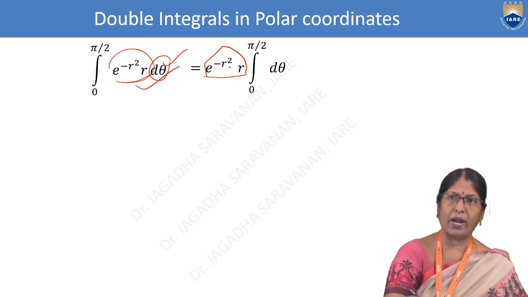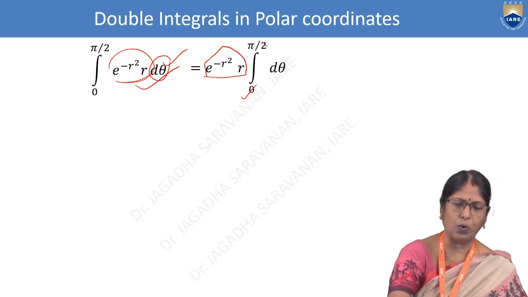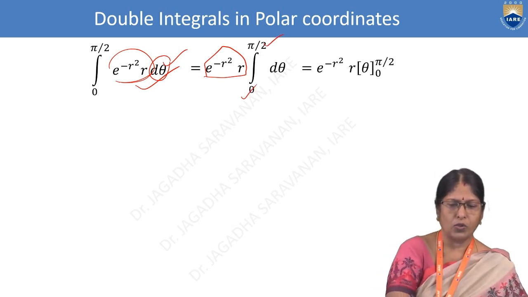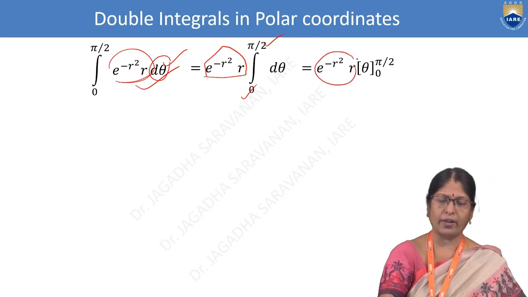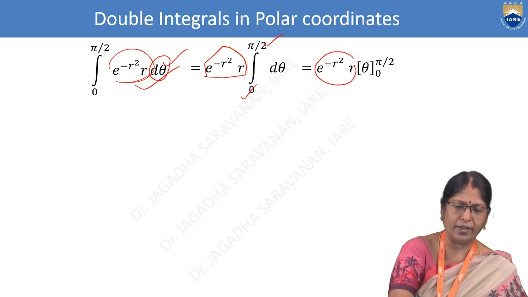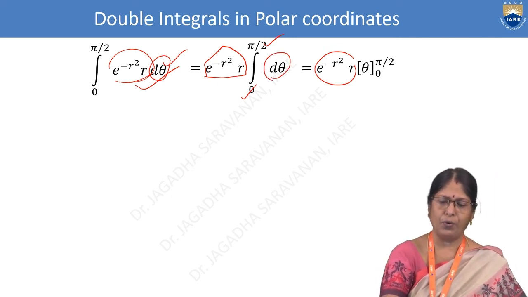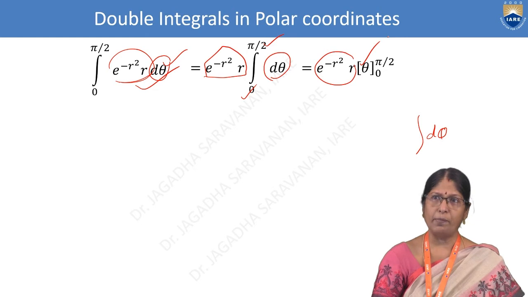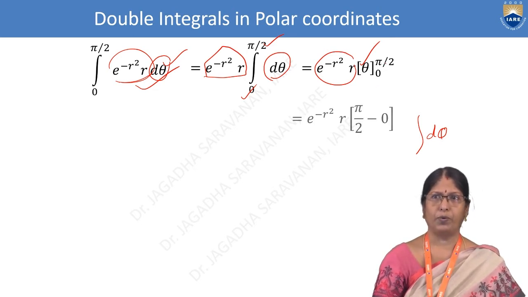So e power minus r square r, integral 0 to pi by 2 d theta. The integral of d theta is theta, with limits from 0 to pi by 2.